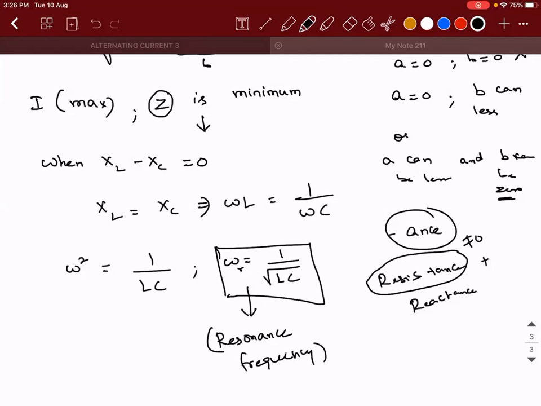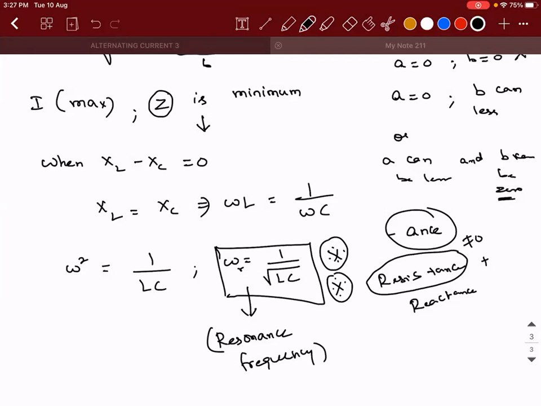Only at this frequency, you can say that the maximum current is flowing through the RLC circuit. This is a very, very important formula. As I told you, problems will be asked based on this.